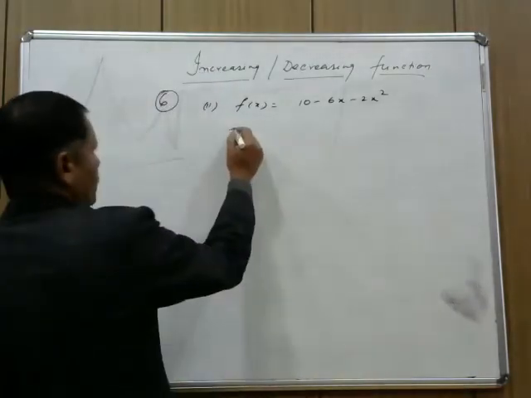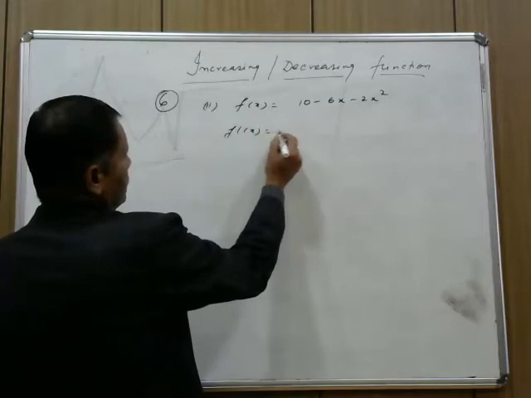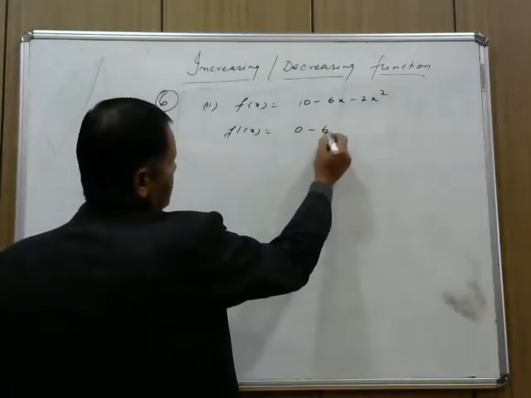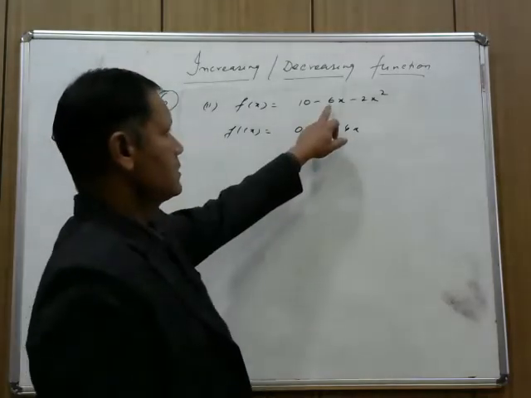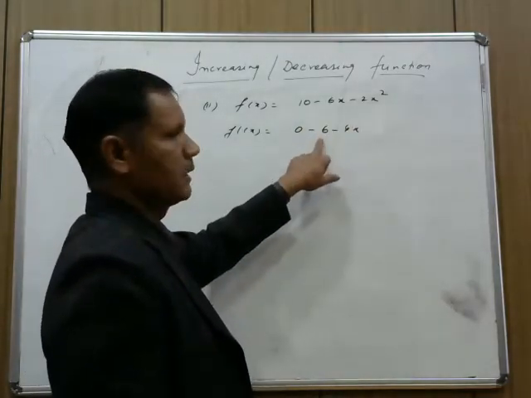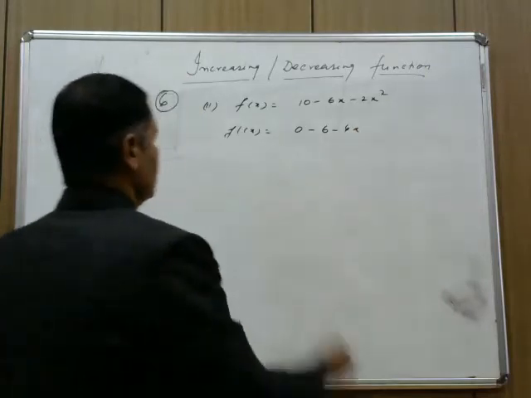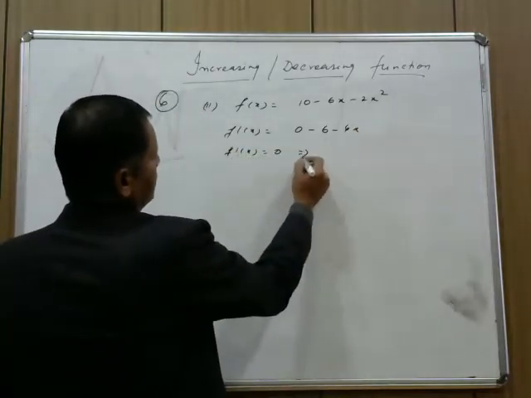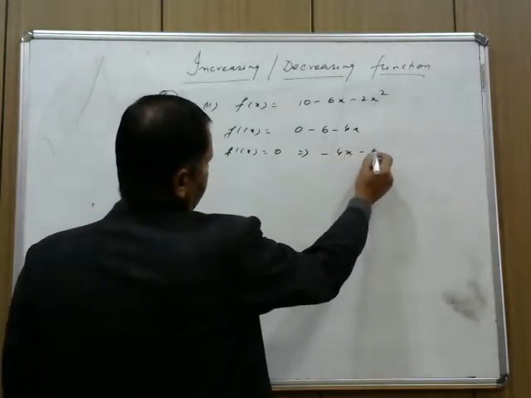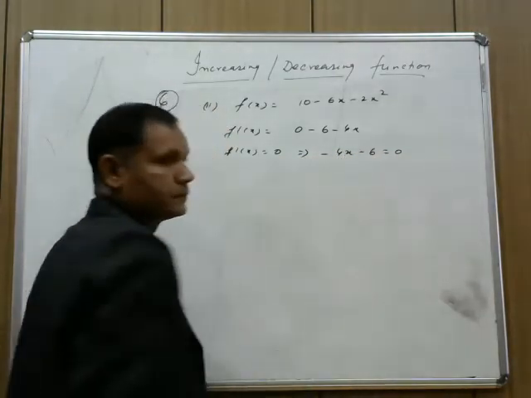So now f dash of x is equal to 0 minus 6 minus 4x, that is minus 6 minus 4x. Now f dash of x equal to 0 implies that minus 4x minus 6 equal to 0.